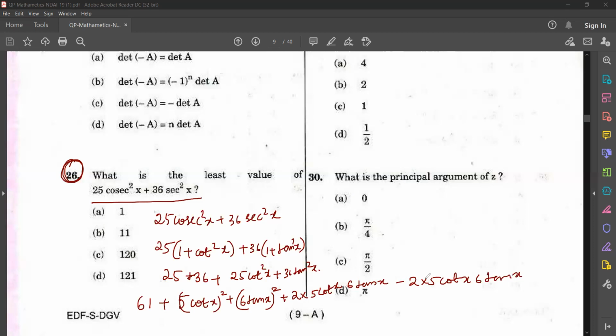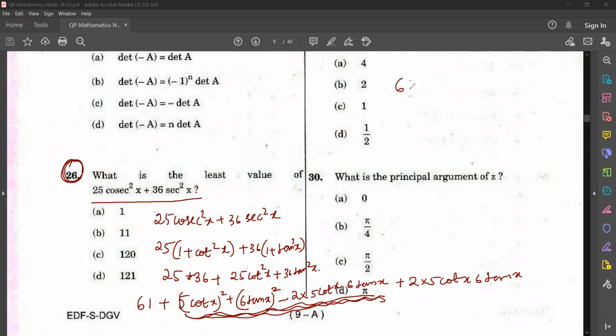That means adding and subtracting the same thing. I'm doing that because this will become a plus b the whole square, so I'm just changing this to a minus b. So I'm making minus here and keeping plus, subtracting and adding. So I'll get a minus b the whole square, isn't it?